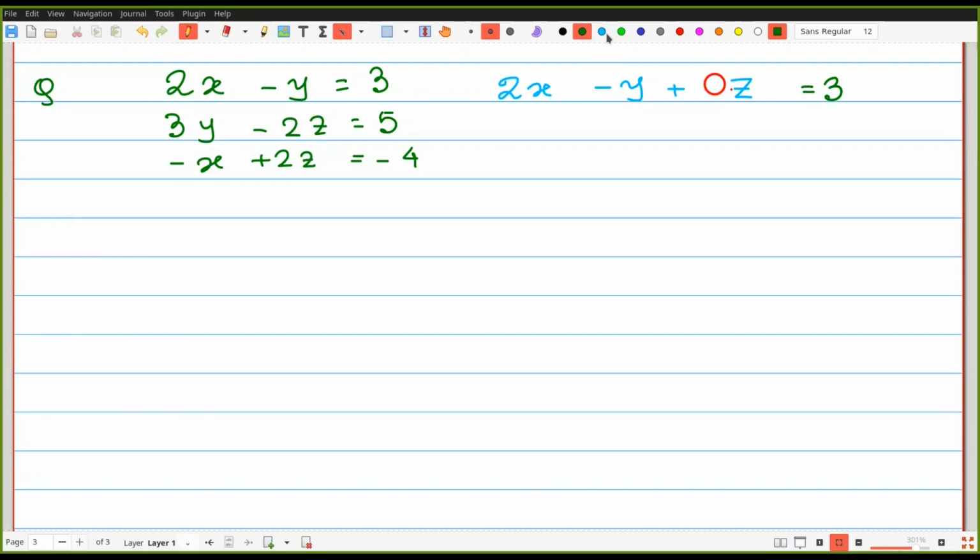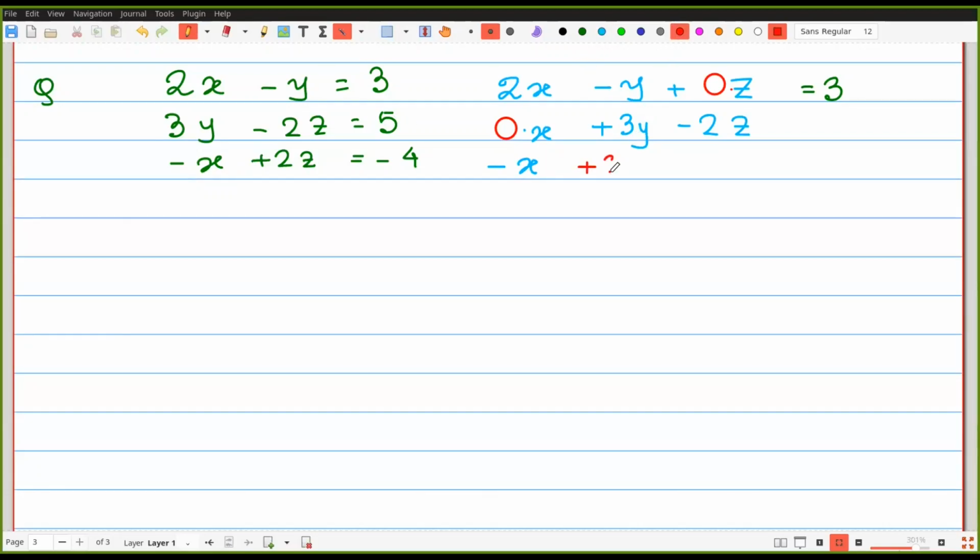In the same way, second one, here x is missing. So that means the coefficient of x is here 0. Then plus 3y, then minus 2z. Okay. In the third one, minus x is there, but y is missing.